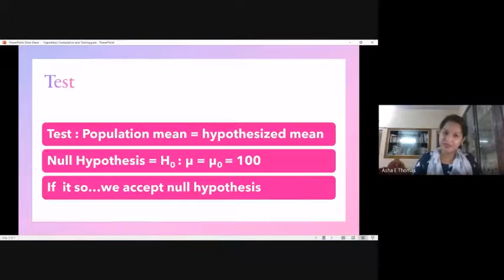But if after the test we find a significant difference between the population mean and the hypothesized mean, the researcher is in a position to reject the null hypothesis. It means indirectly we are accepting the alternative hypothesis.